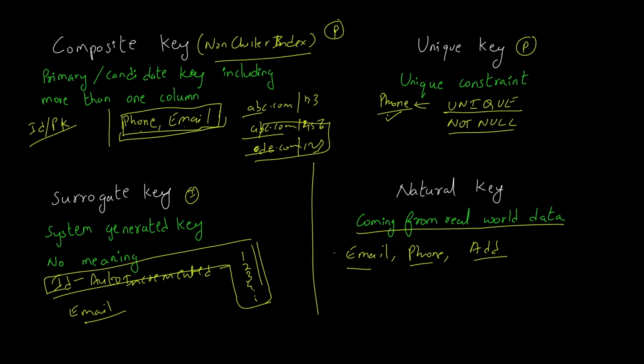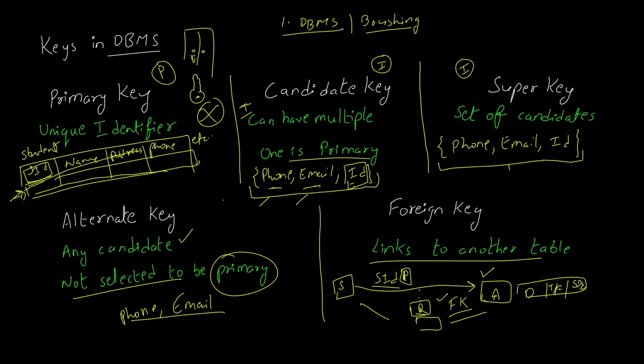It's just email coming from your mailboxes, your websites, phone number coming from your cellular devices, and address coming from your light bills, your address proofs, and such things. And again, this is an informational key. This is just something to know, not something that you can implement in your database.